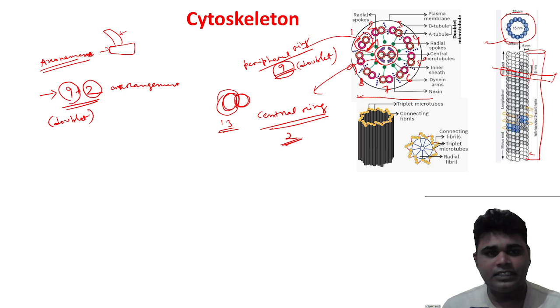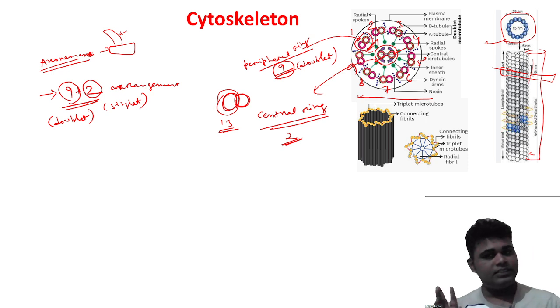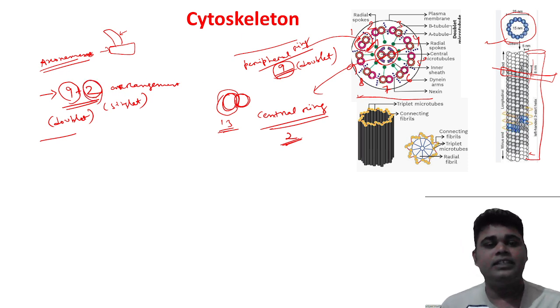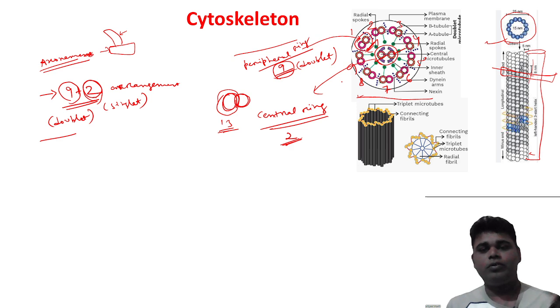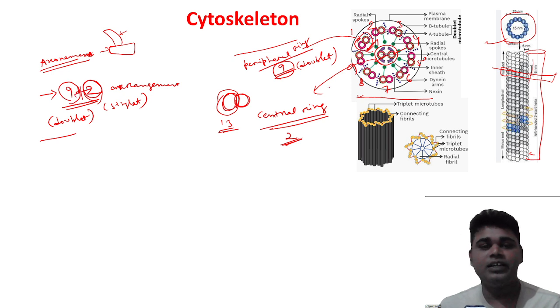This is one single structure, this is another single structure. That means 2 singlets. So 9 doublets and 2 singlets, and the 9 doublets are present in the periphery region, and the 2 singlets are present in the central region, and overall it is called the 9 plus 2 arrangement, and it looks like this.